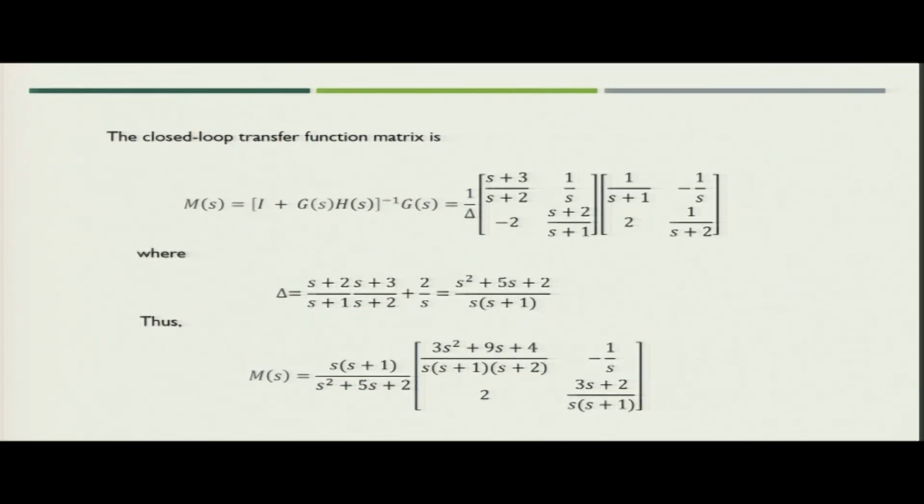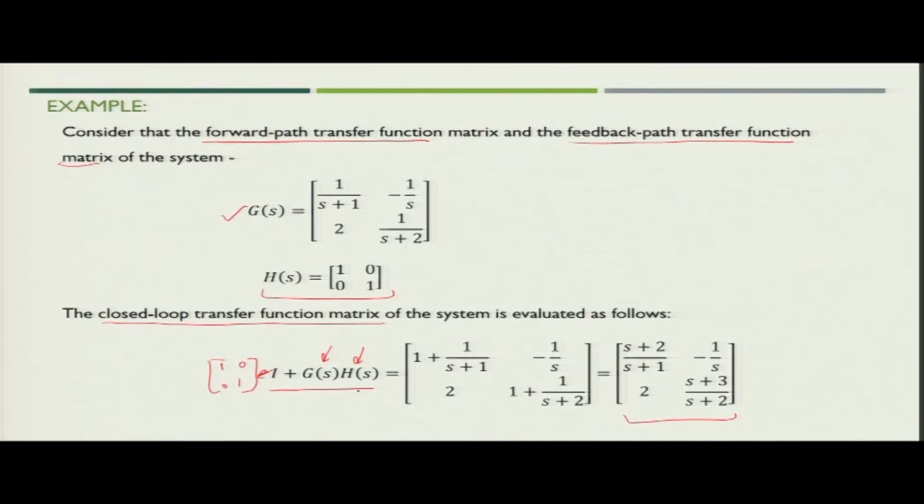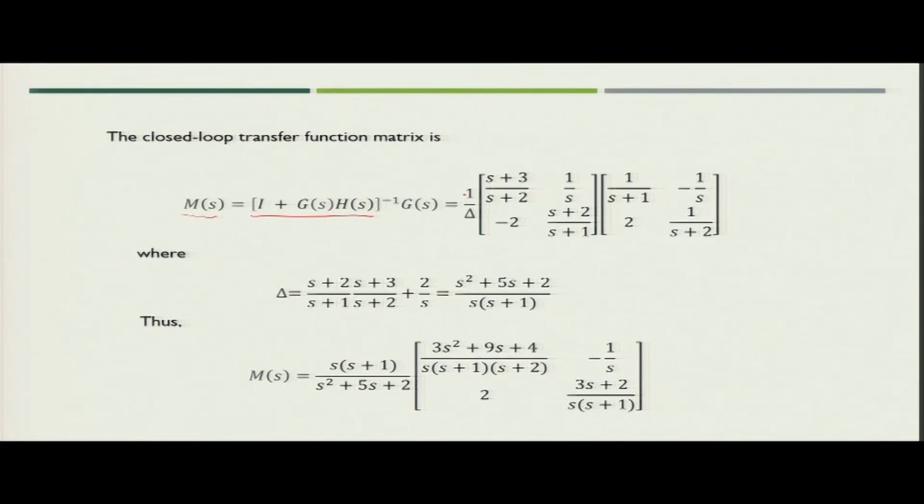Now, next we need to find the transfer function matrix. In that case, when finding the closed loop transfer function matrix, first we have to take the inverse. So, when we take the inverse of I plus G(s)H(s), we can simply write 1/delta into [(s+3)/(s+2), 1/s; -2, (s+2)/(s+1)], and then we put the value of G(s).